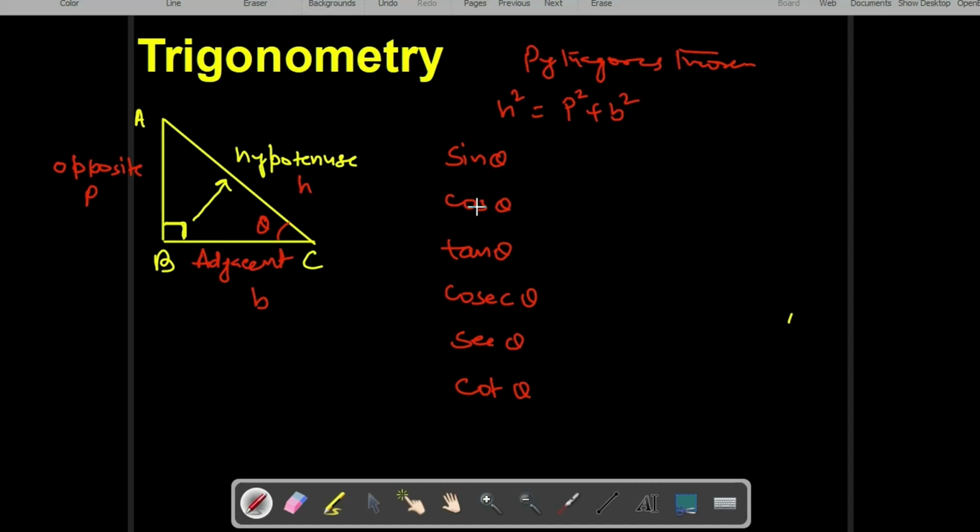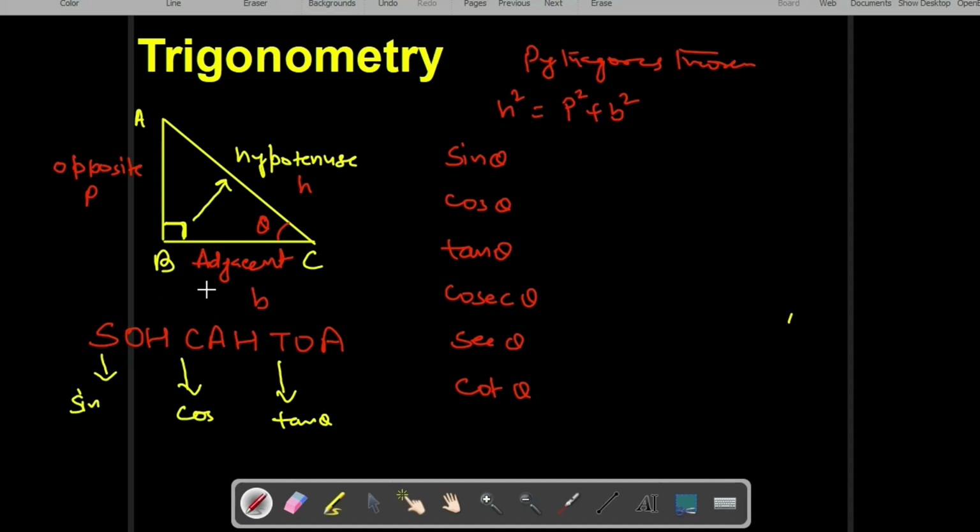Now how can we identify or find the values of each? There is a trick, we can say: SOH CAH TOA. Here S stands for sine, C stands for cos, and T stands for tan.